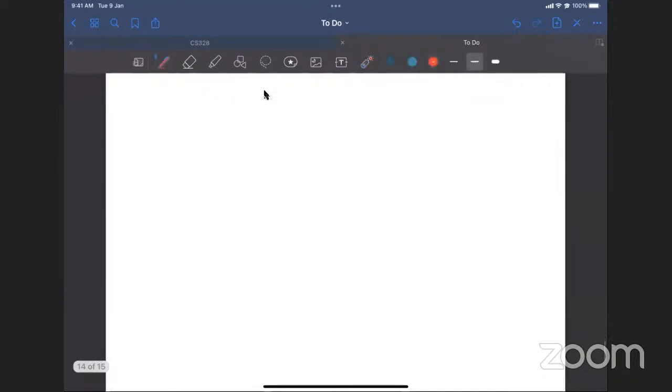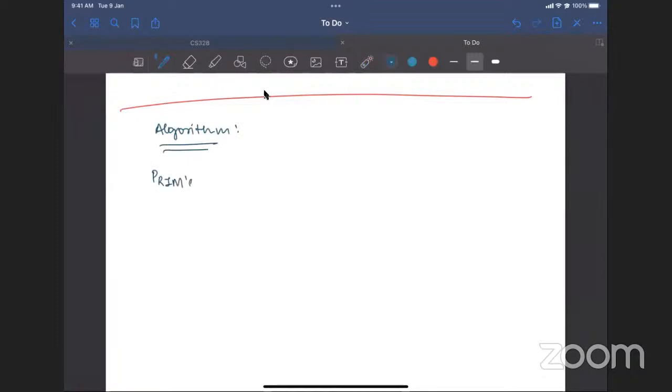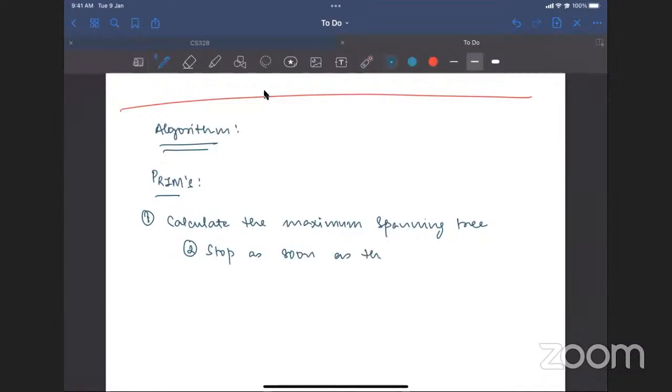So the whole algorithm basically boils down to, if I'm using Prim's, calculate the maximum spanning tree, and then you stop as soon as the next edge to be added is 0.